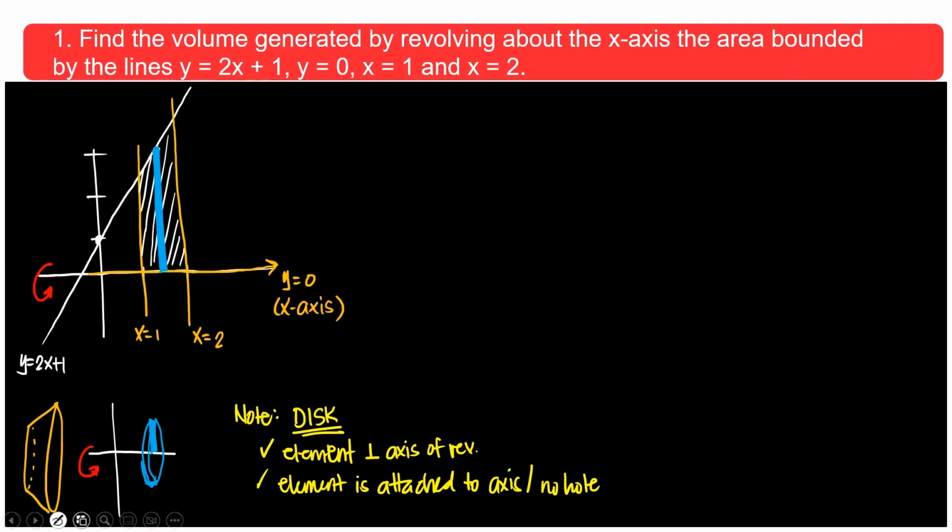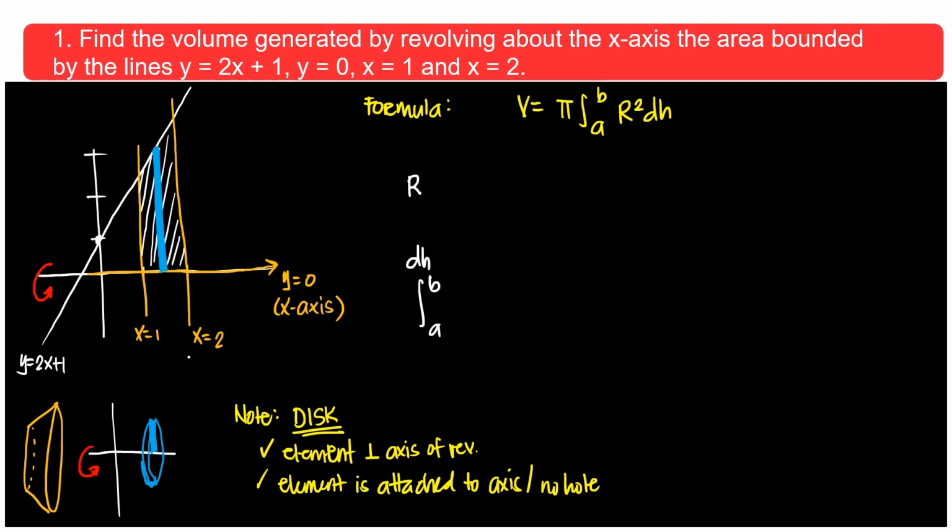It's a disk. Now, what's the formula for the disks? Volume is the integral. Let's bring out the pi so we don't need to carry it over later on. Pi, the integral from a to b of r squared dh. Now it's up to us to know what the r is, and the dh, and what the limits a and b are.